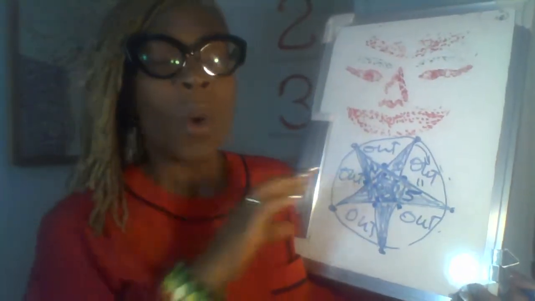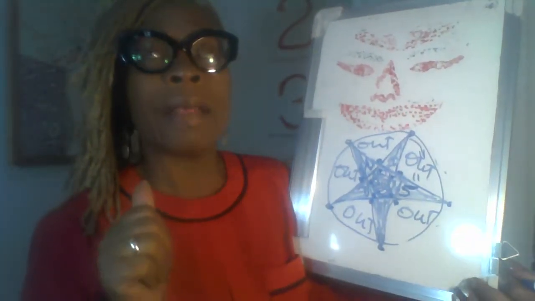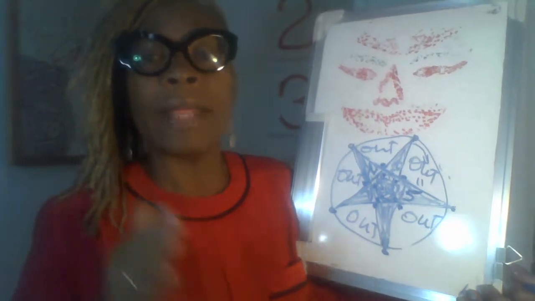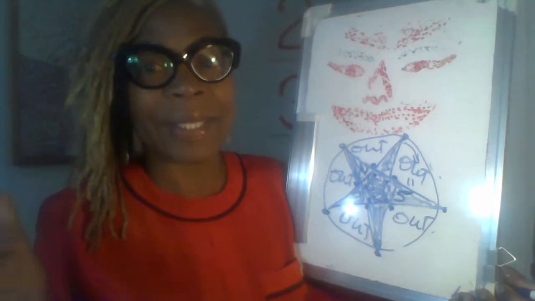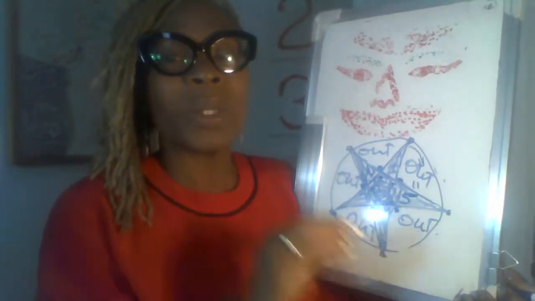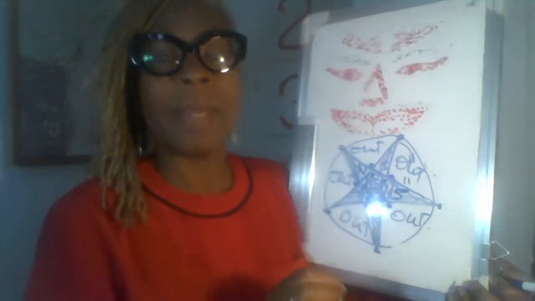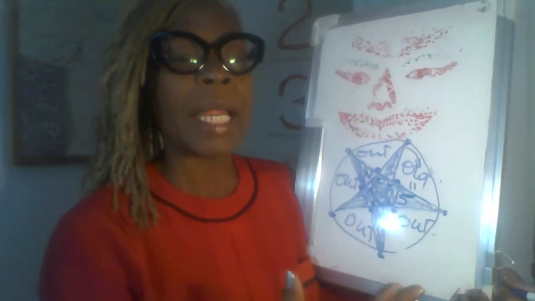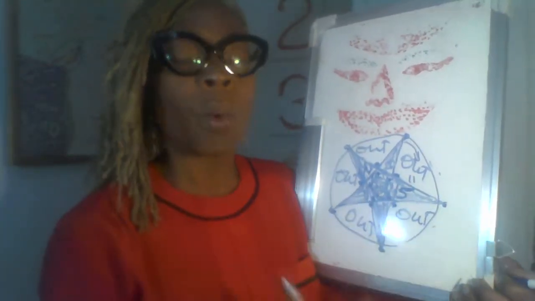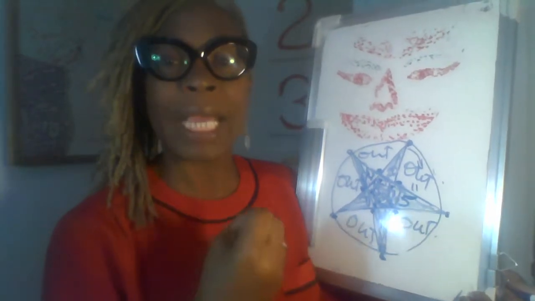Now, we know when we read in the New Testament, we get this thing about Jesus, Jesus, until we get to the Christ. Now, that also tells me that the Christ came in where Jesus was illuminated.